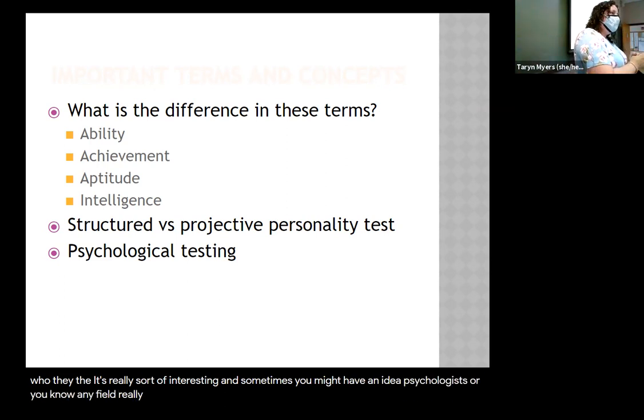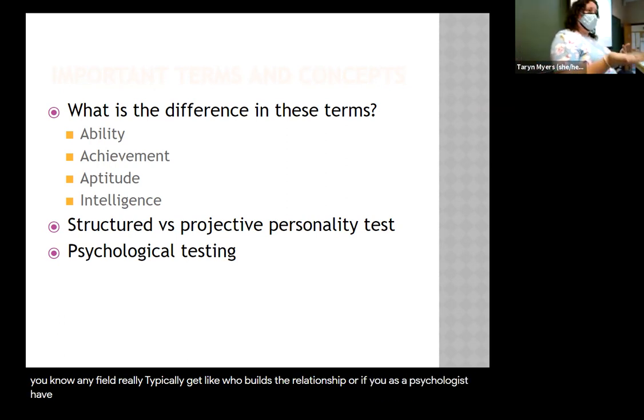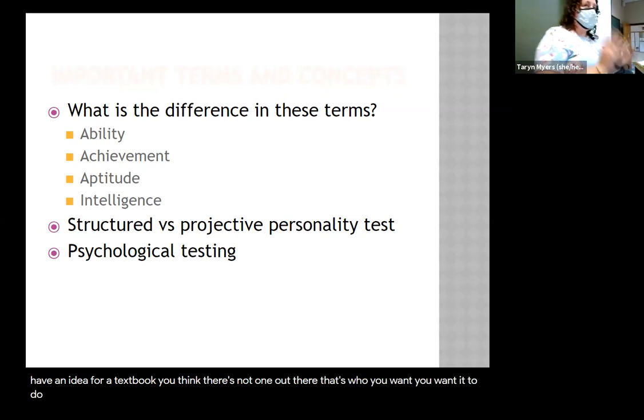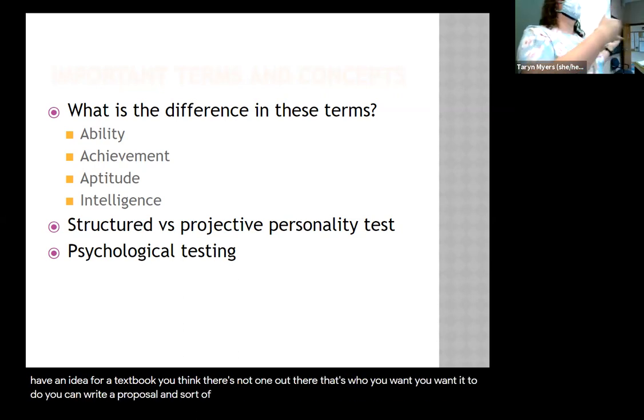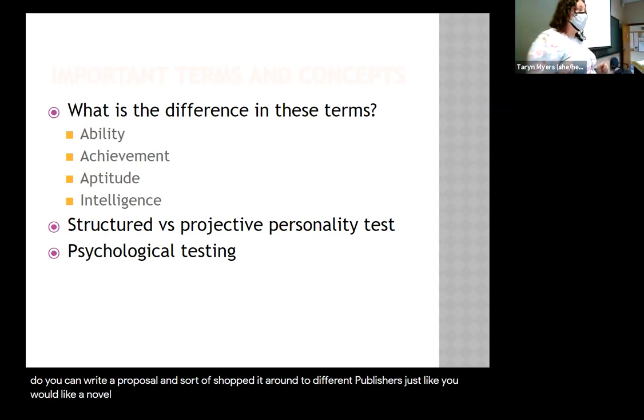I meant specifically for psychology, yeah, typically it's who builds the relationship, or if you as a psychologist have an idea for a textbook, you think there's not one out there that's doing what you want it to do, you can write a proposal and shop it around to different publishers, just like you would a novel, for example.